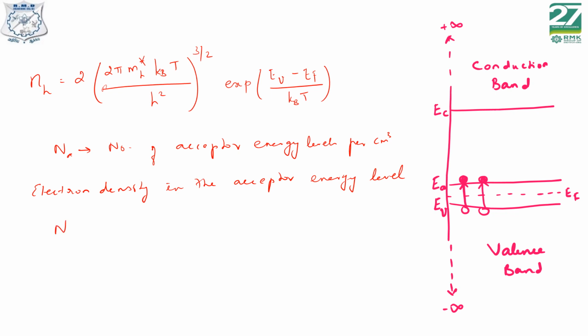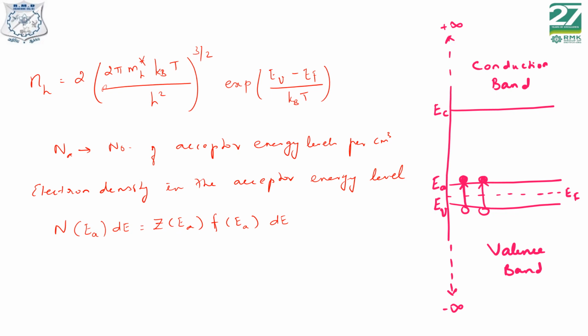So you know the basic equation, the same equation only, instead of n of E, I am just giving it as n of EA: n(EA) dE is equal to Z(EA) F(EA) dE.